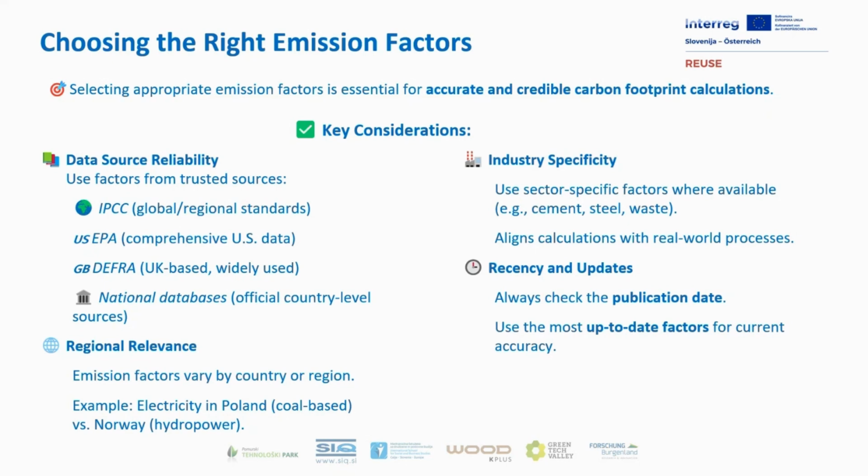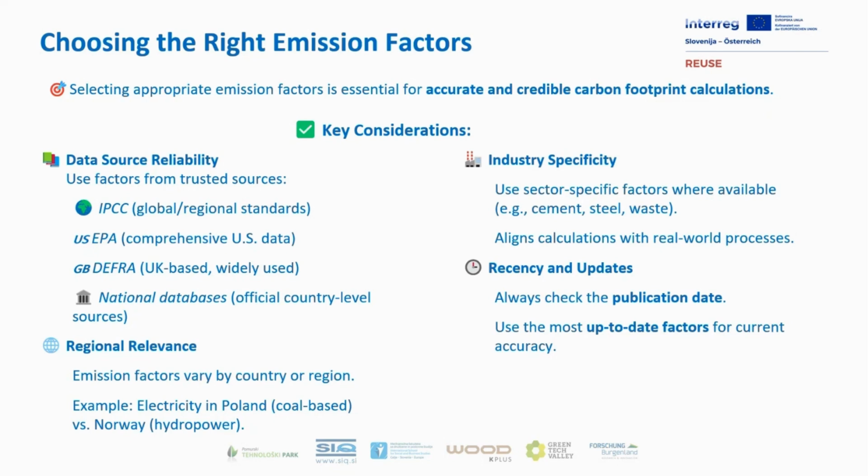And of course, many countries also publish their own national databases with verified and up-to-date emission factors. And I believe that on the last slide of this presentation, I gave you the links to these sources.